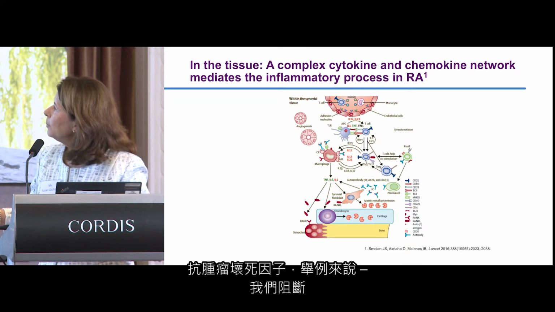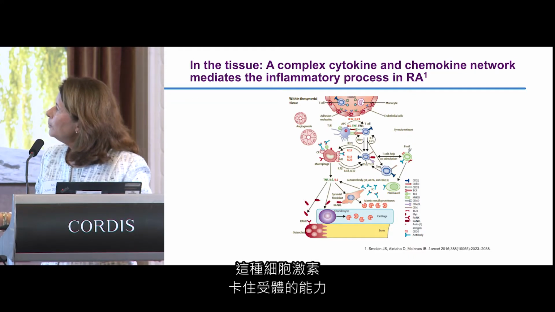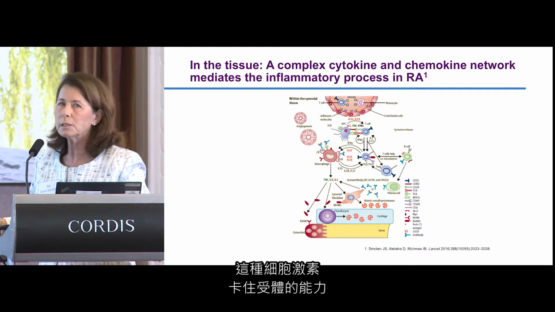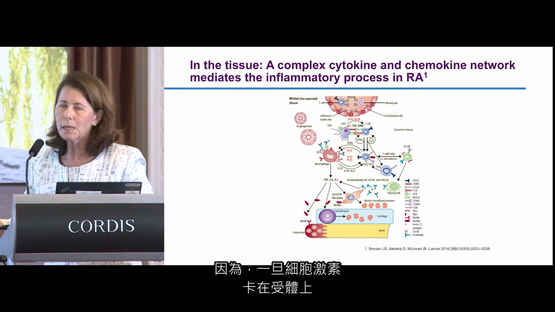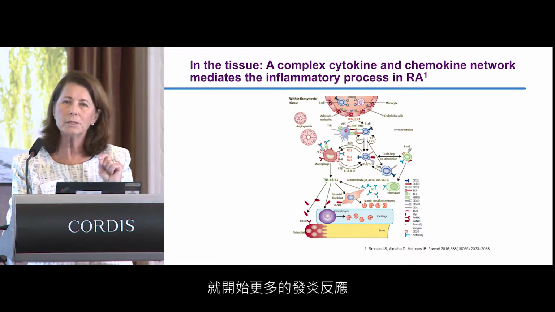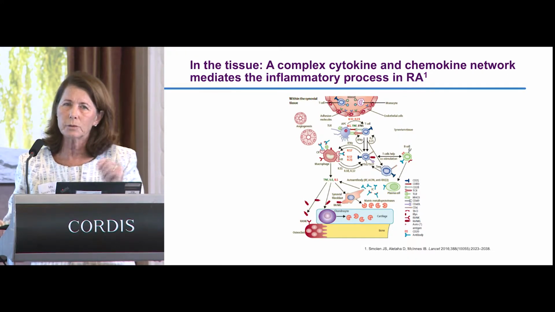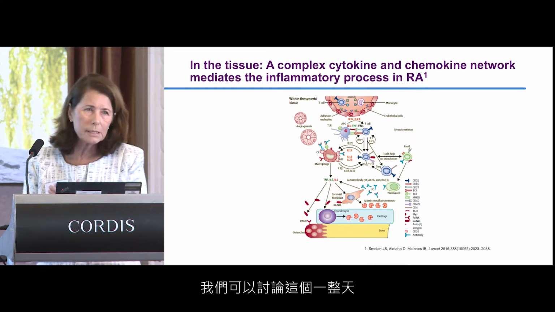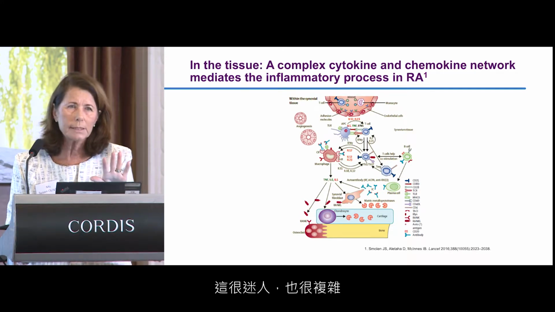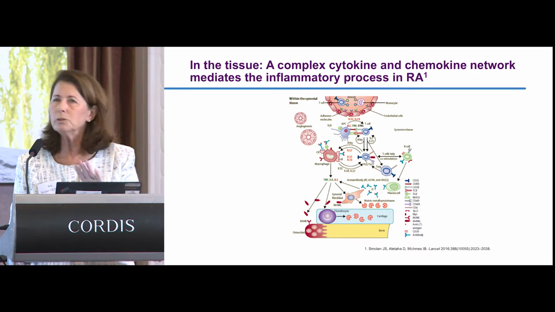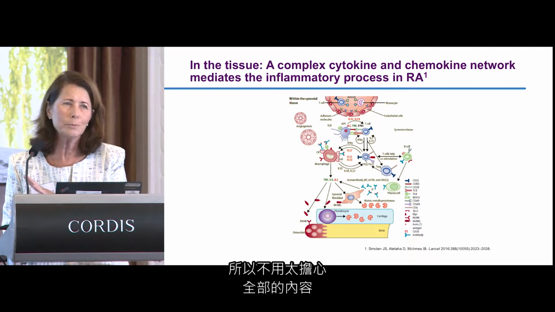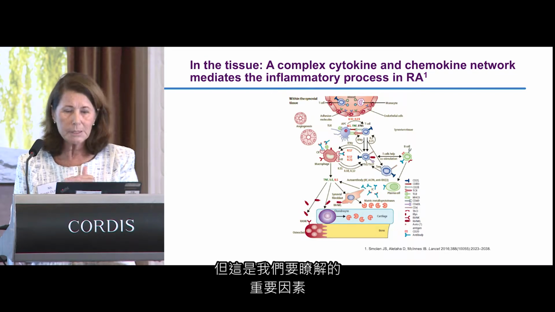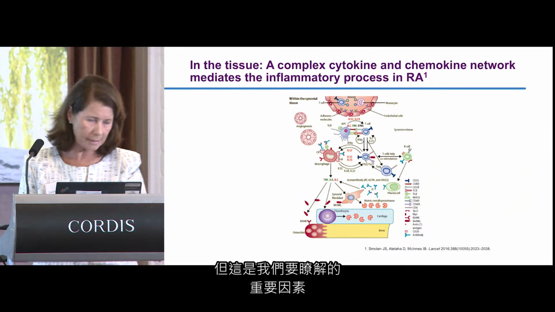With anti-TNF, for instance, we are blocking the ability for that cytokine to lock into that receptor, because once the cytokine locks into the receptor, that's when more inflammation happens. So that's where our treatments are working. We could do a whole day on this. It's fascinating, it's complicated. You need to understand some of it. You don't need to understand all of it, so don't be too worried about all of that. But it's an important factor for us to understand.